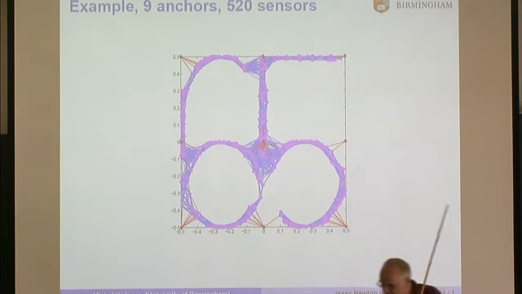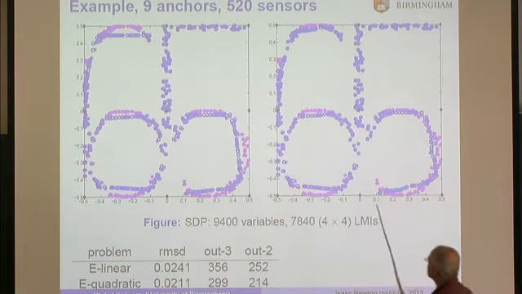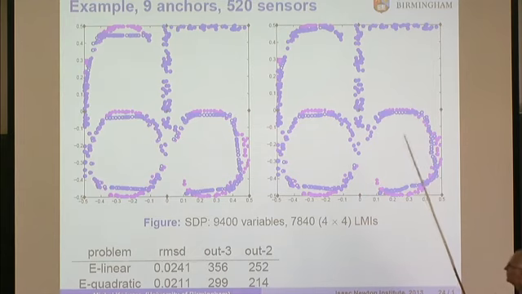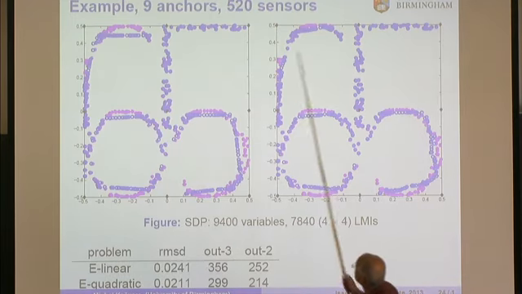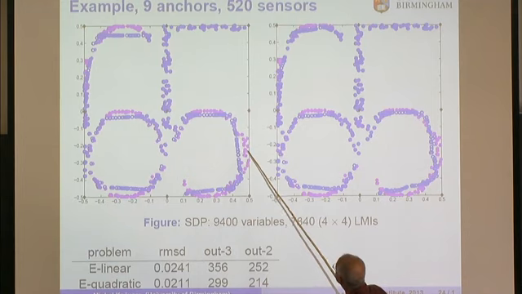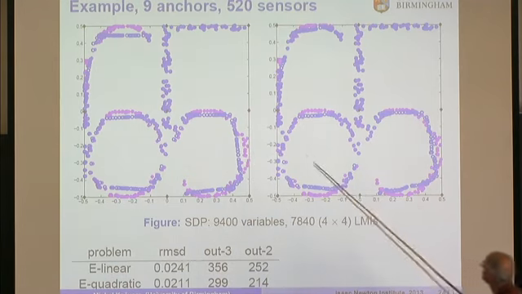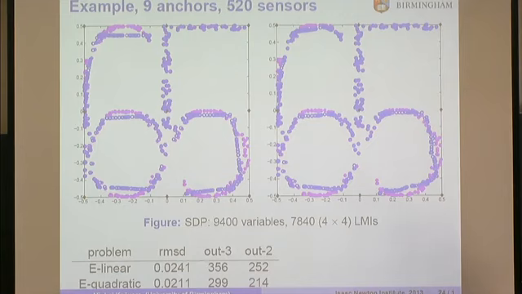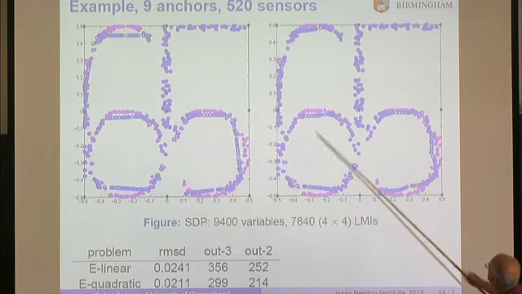Now, these are the results obtained, and this is a problem with exact data. There is no noise in this one. These are the results obtained by the linear SDP formulation, and those by the nonlinear SDP, where we have a linear matrix inequality but a nonlinear objective function. Is there any difference between those two? Well, this one seems to be slightly better.